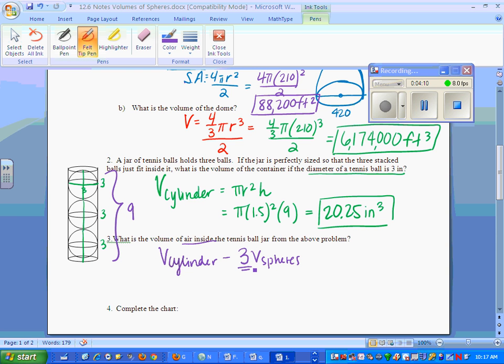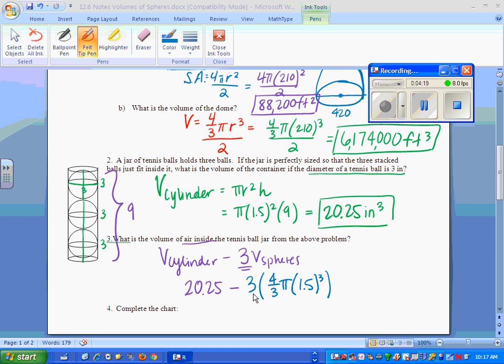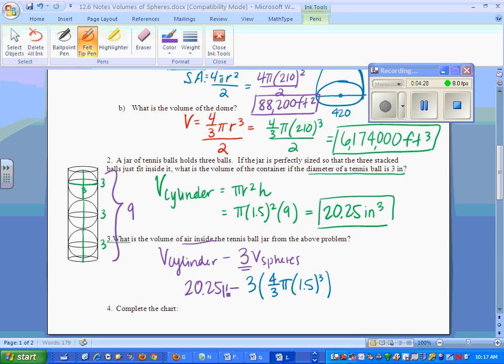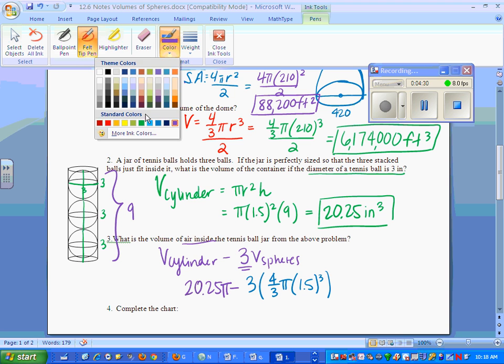Go ahead and try that one, and I'll put up the answer in a minute if you want to pause it right now. Plugging it in, 4/3 pi, 1.5 to the 3rd power. Just realize this should have a pi on it. So should this.